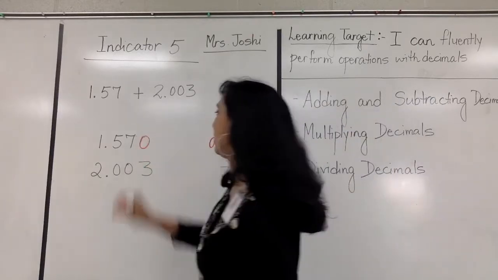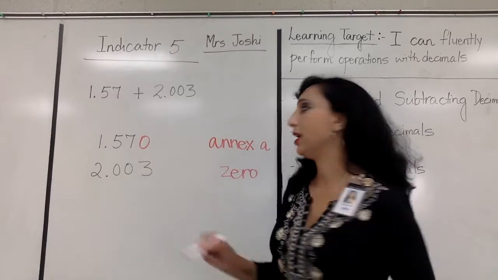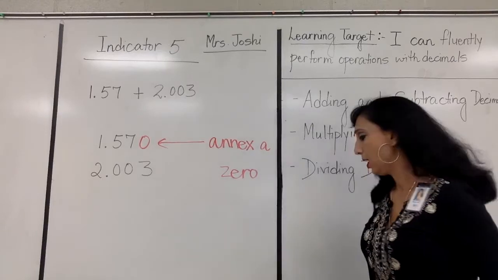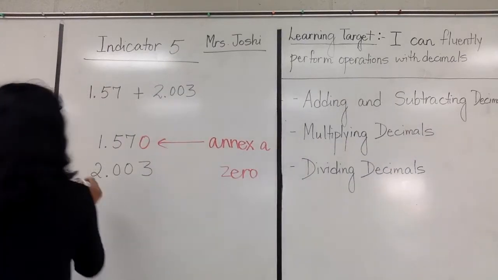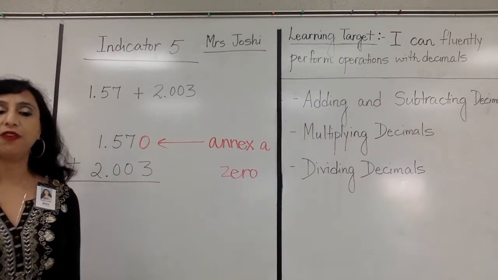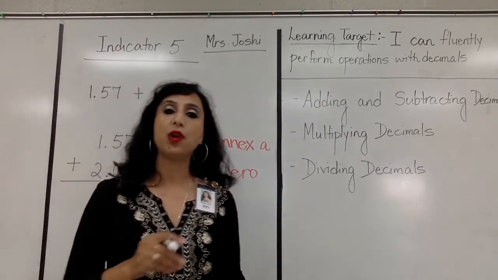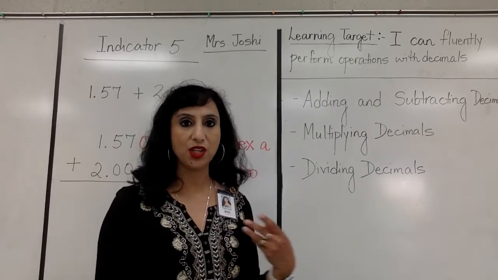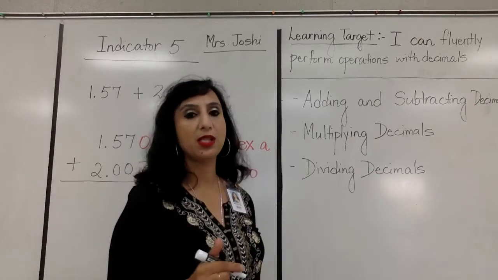So I'm going to insert this, which is called annexing a 0. Now, put the addition or the subtraction sign, and be very careful because sometimes you rush and instead of subtraction you do addition, instead of addition you do subtraction. So be careful as to what it's asking.